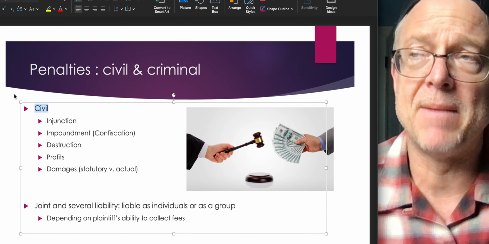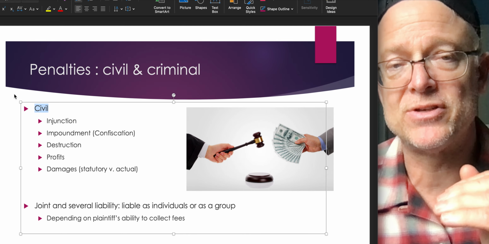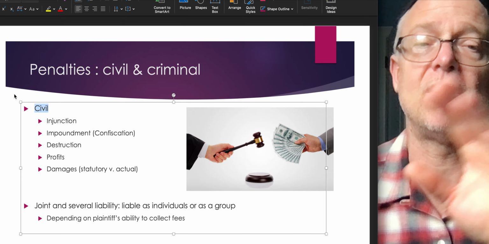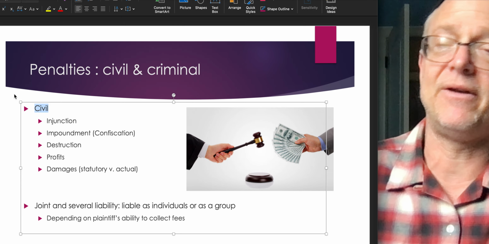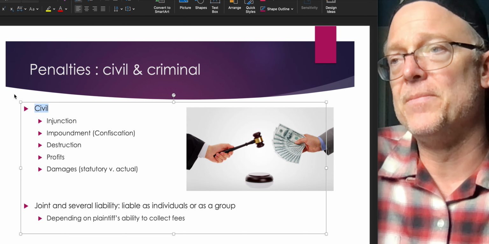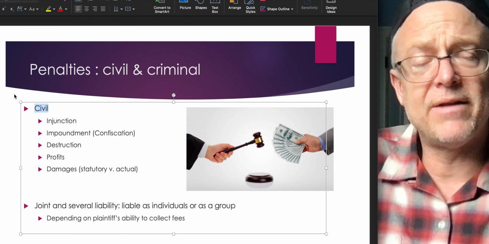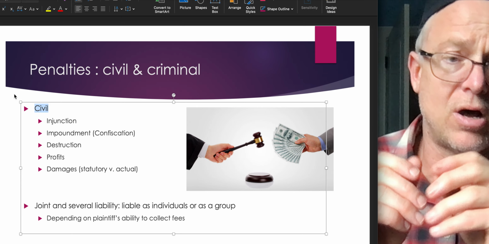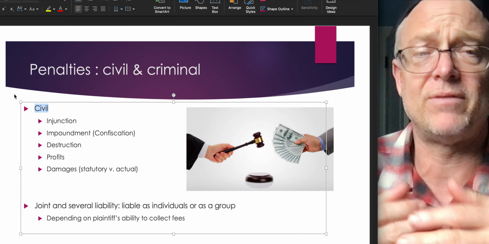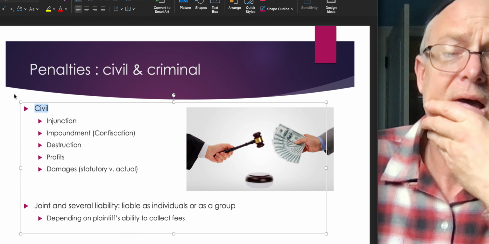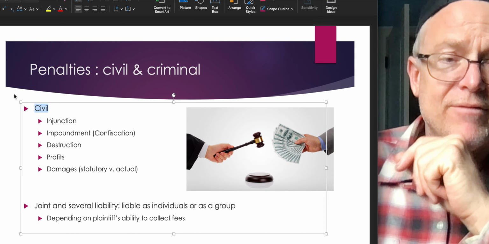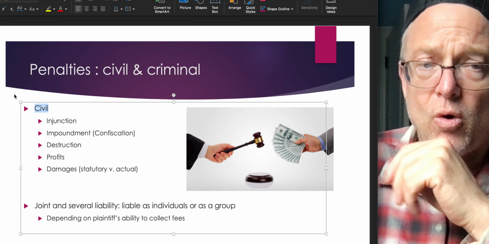And so you'll remember that we've got multiple types of infringers. The one that actually did the duplication being the direct infringer, all the way through contributory and vicarious. And those are all in the line of fire potentially. It's up to the judge. So they can all be found liable for infringement and have to pay or have their materials confiscated or whatever it is, or one of them, or two of the three, or whatever it is.